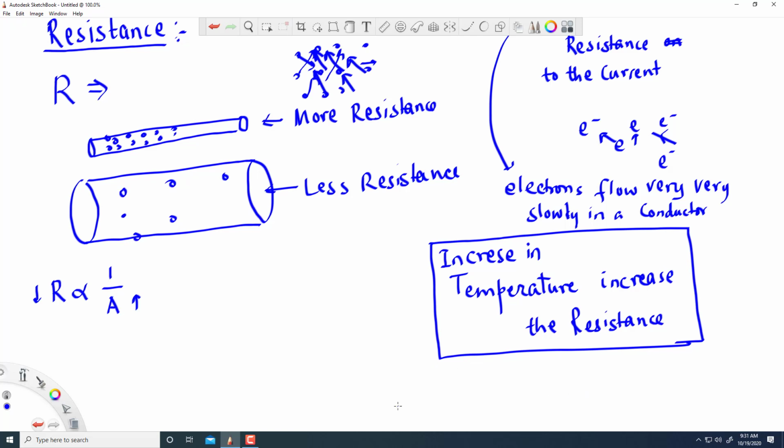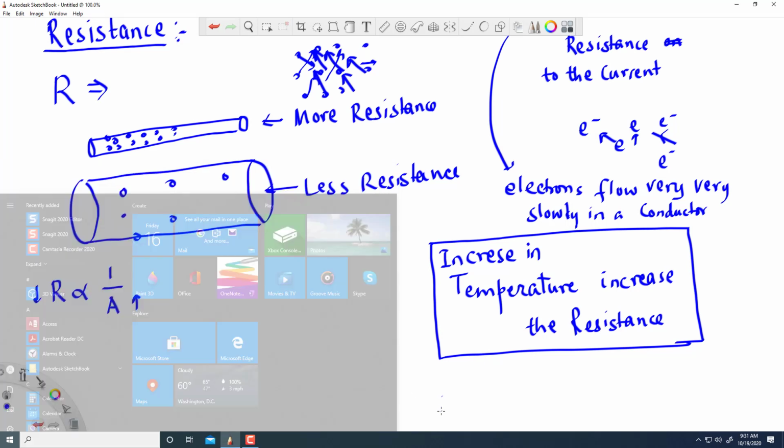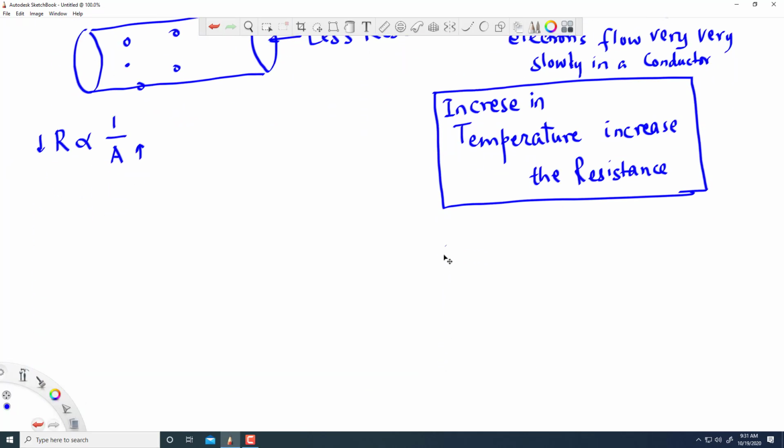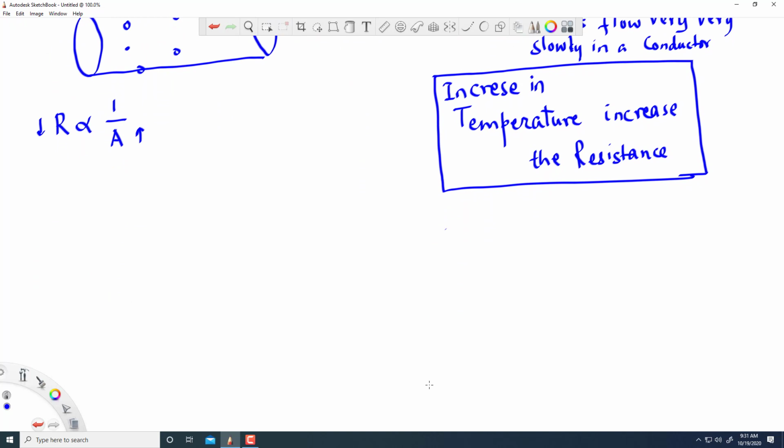Okay, so let's look at that. Consider a short wire and a long wire. So in which one would there be more bumping as the electrons move?